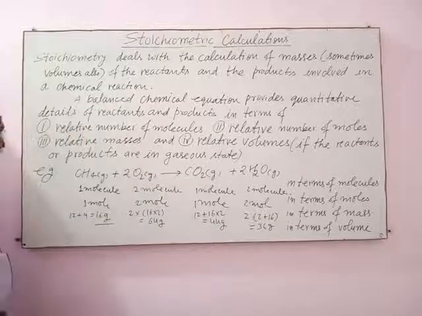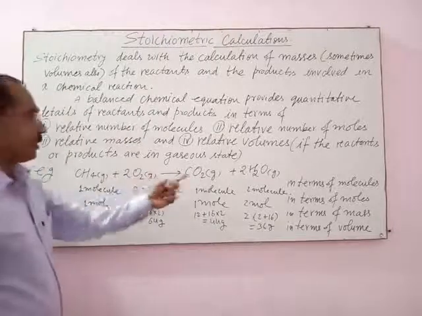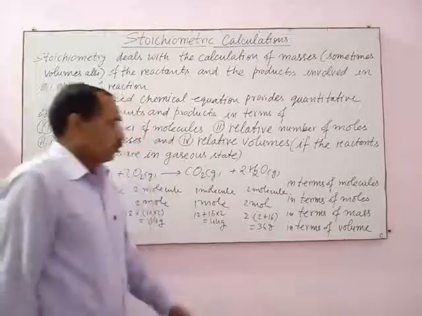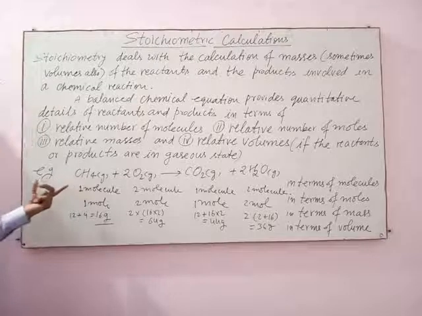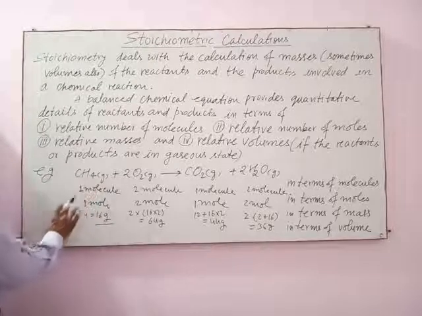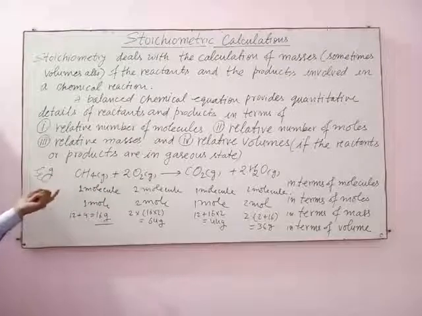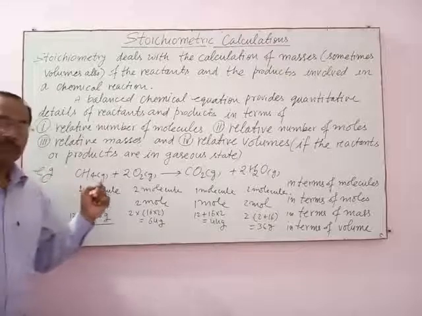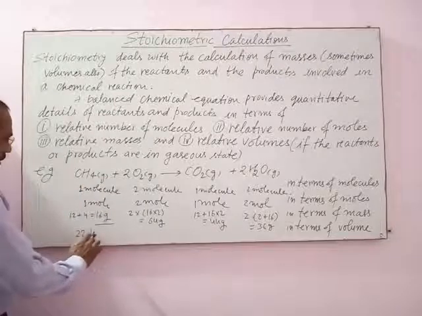H2O gas. In terms of volume, since all the reactants and products are taken in gaseous state, we can express the volumetric ratio of the reactants and products. At STP, volume of 1 mole of any gaseous substance is taken as 22.4 liter.